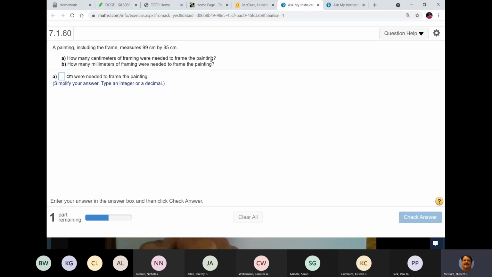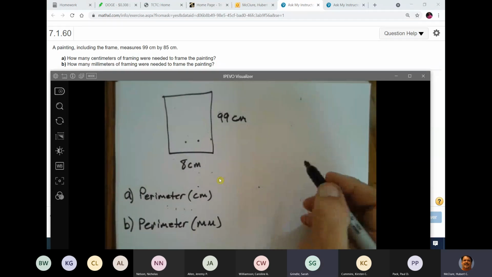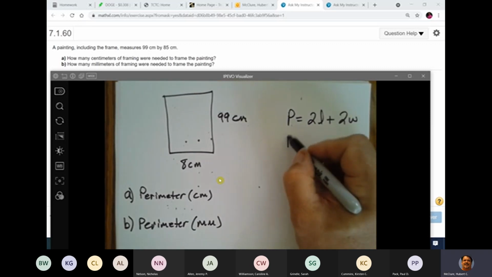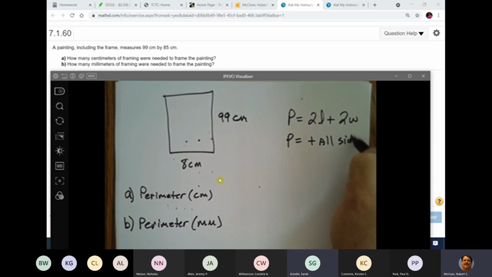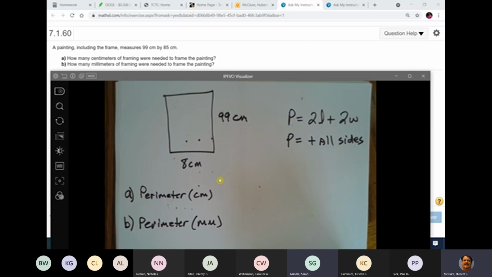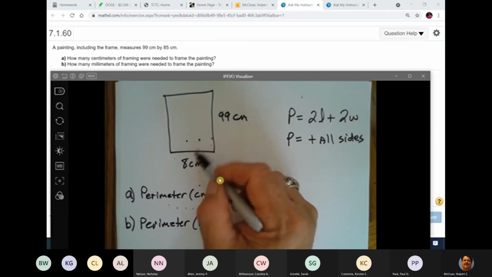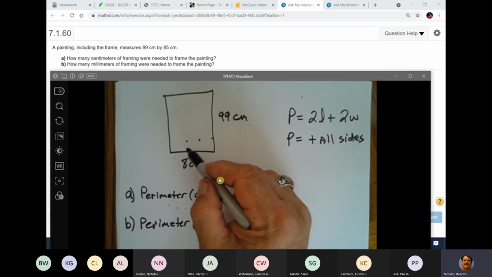I don't know why they're doing this. They must be doing the centimeters because they want you to remember how to do perimeter. So perimeter is equal to 2L plus 2W, or perimeter equals, add up all the sides. So 2 times 99 is 198. 2 times 8 is 16.